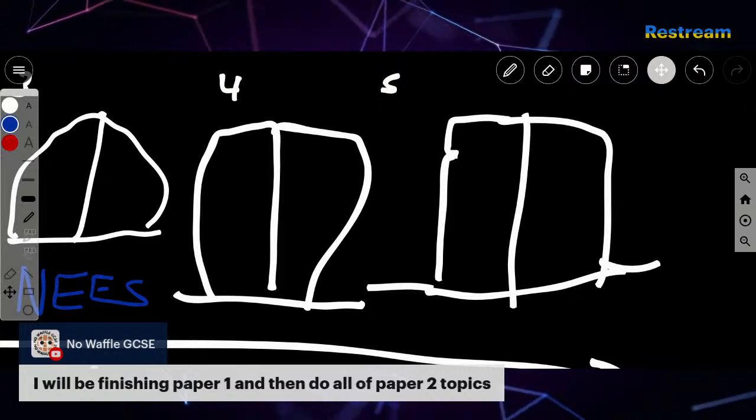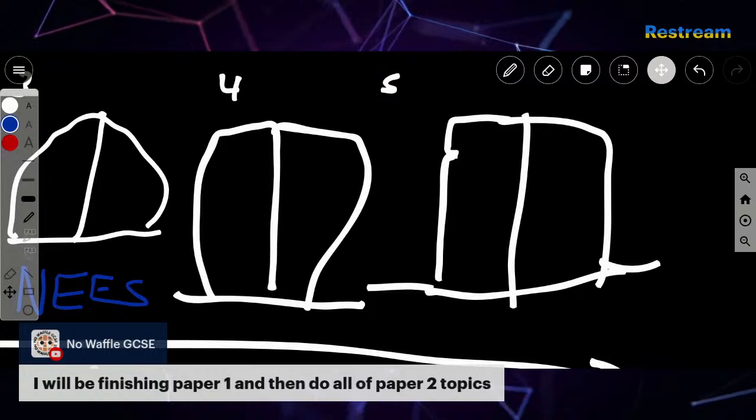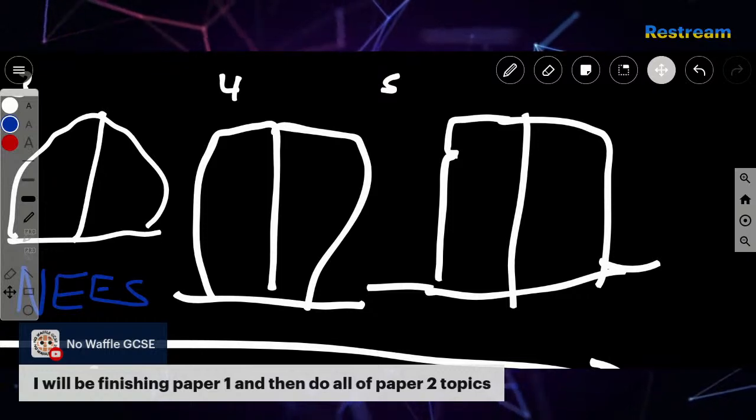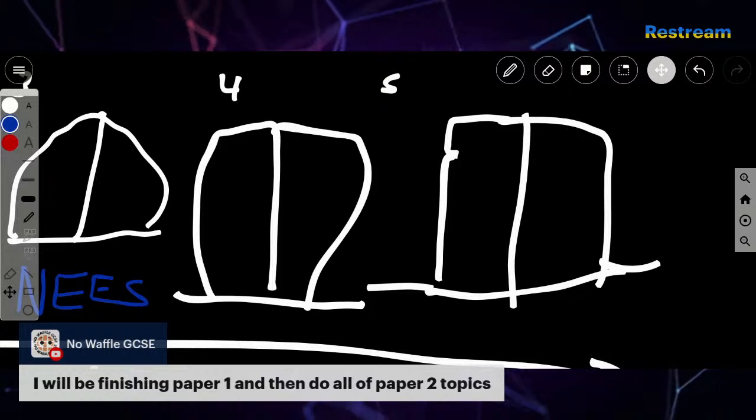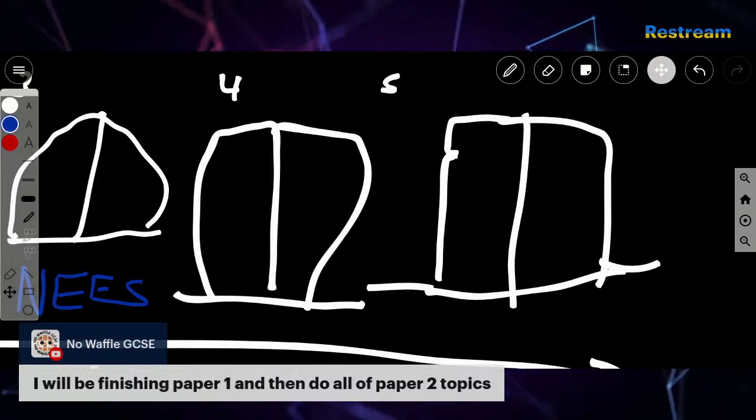Okay. Now we're going to look at uneven development, reasons for uneven development in terms of physical and economic, historical, and the consequences of it.